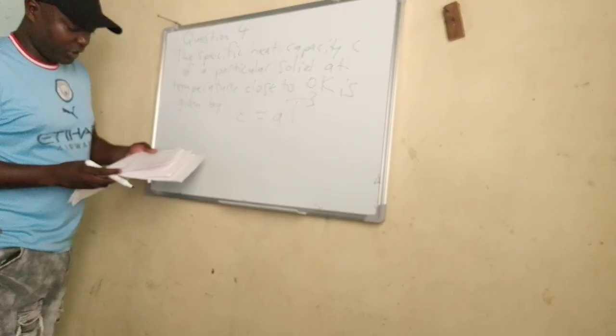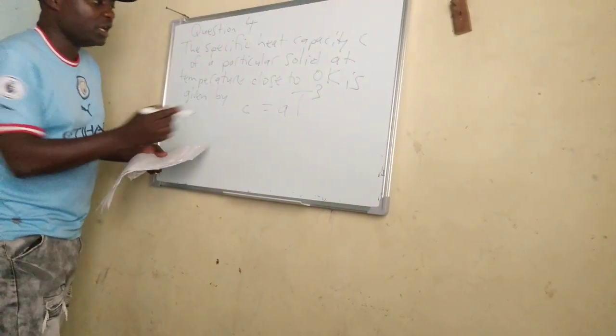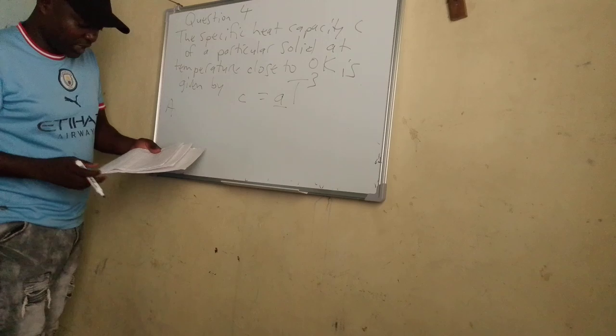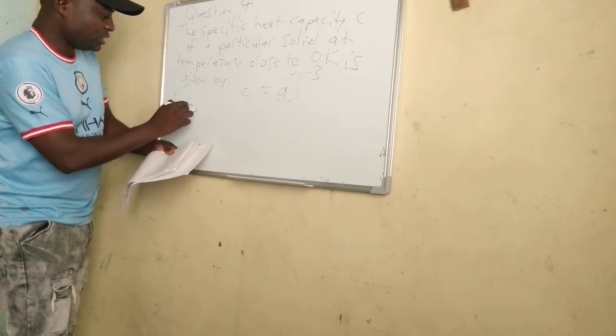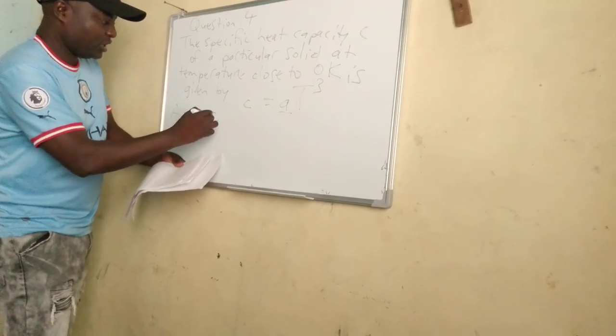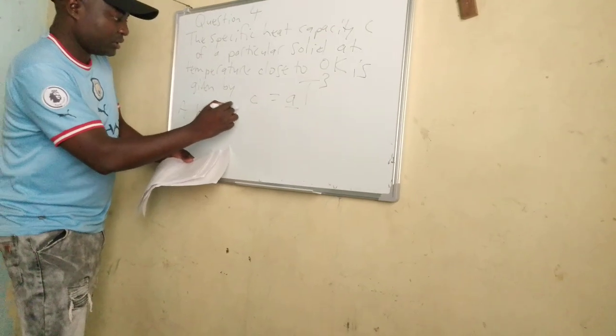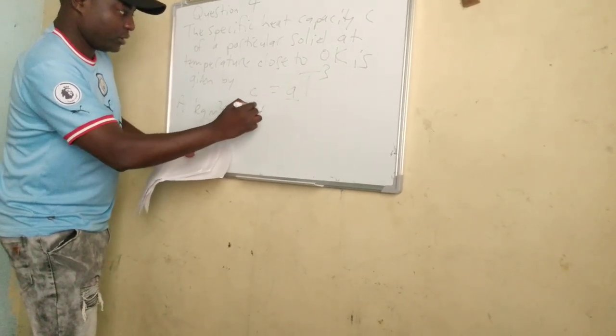Which one of the following gives the SI base units of the constant A? That is the question. A: kg meter squared per second squared per kelvin.